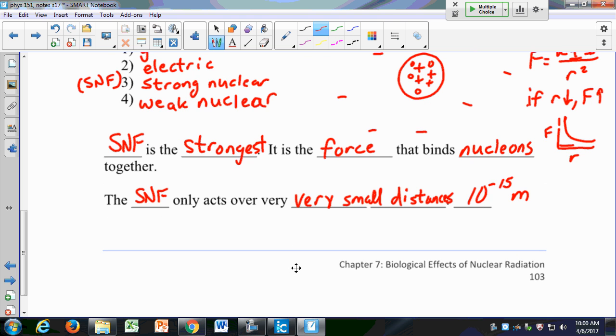And if a nucleus gets bigger than this size, then it becomes very unstable. That's why your bigger nuclei are not very stable, because they just get too big. And then the strong nuclear force isn't big enough to keep everything together. And that's why they decay and that's why they get unstable. They'll start losing protons.